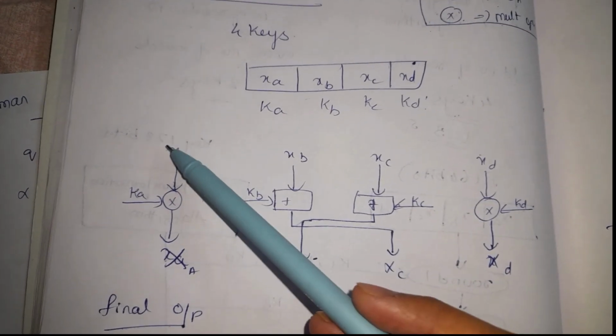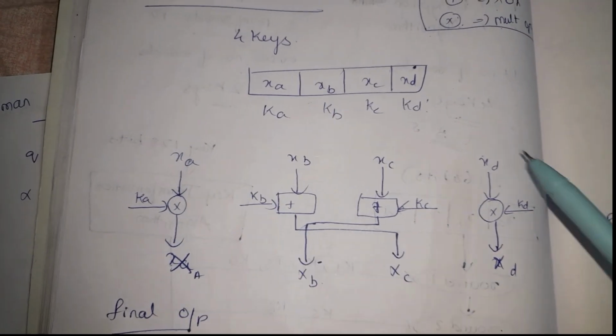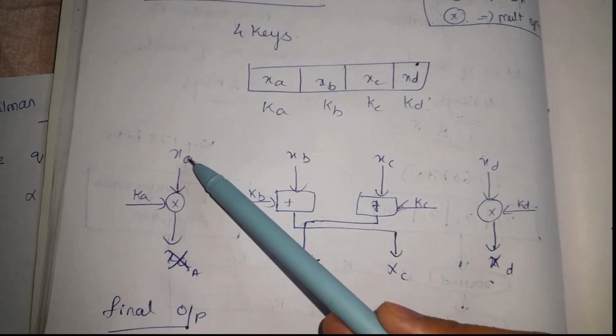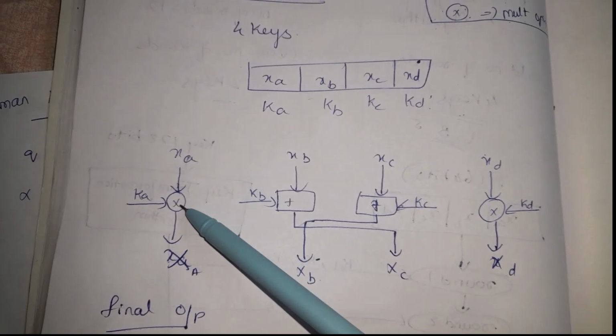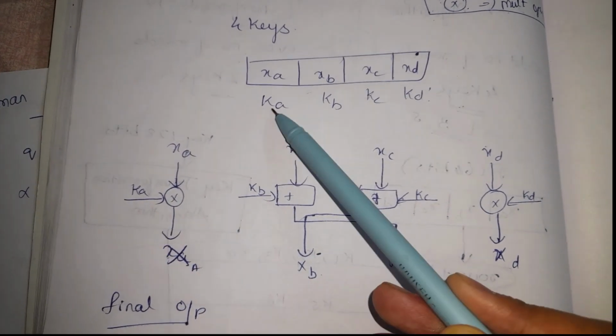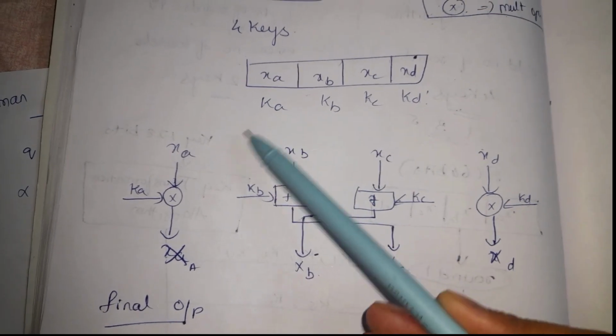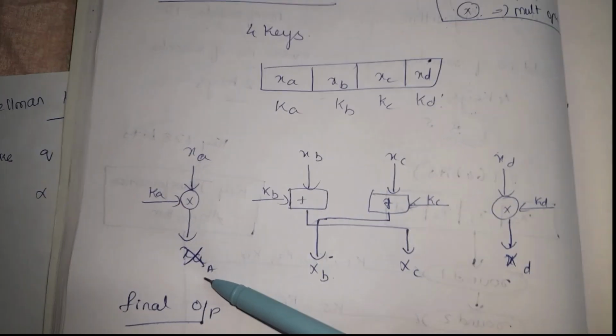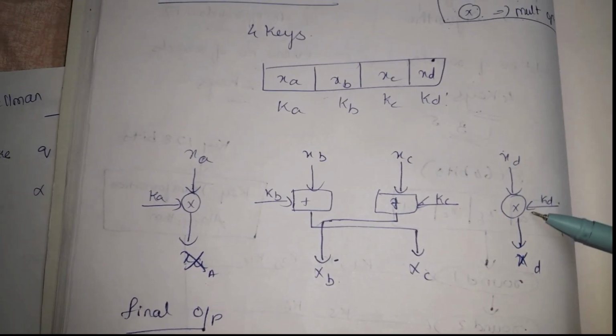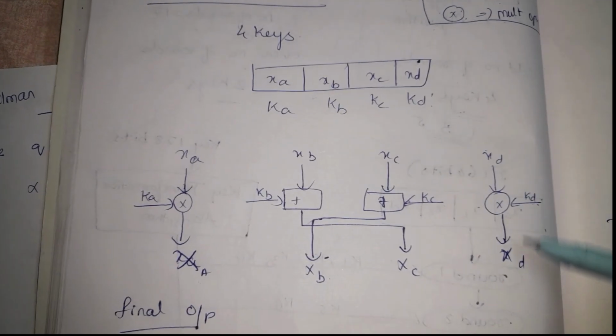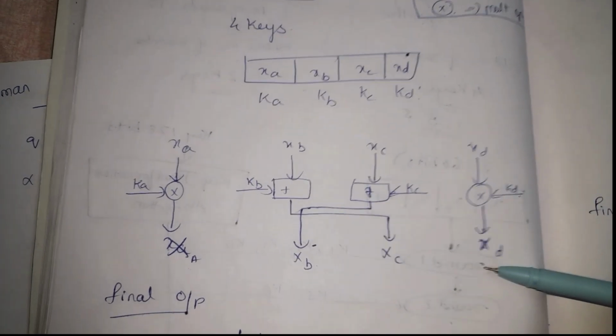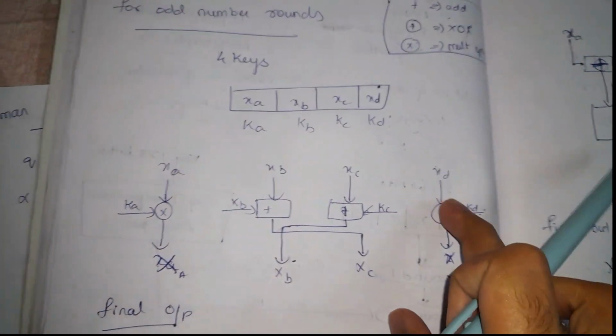Now take a look at the corners first. We have XA, which is performing the multiplication operation with KA. These are combined to produce the output, and XD is combined with KD to produce the final output. This is plain and simple.